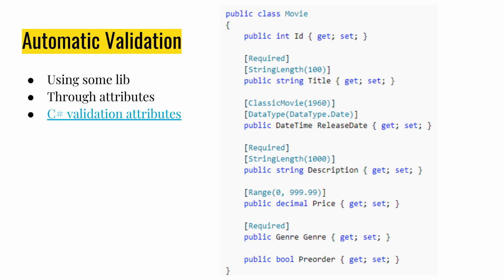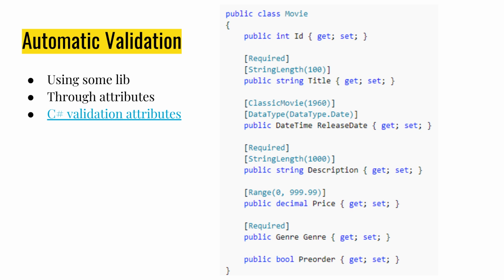Another way of how we can validate data is using what a framework provides. In C# we have attributes, and some attributes can be used for validation. You can make your own attributes or use pre-made attributes. There is a bunch of attributes in C#, and basically the main ones you can see here.